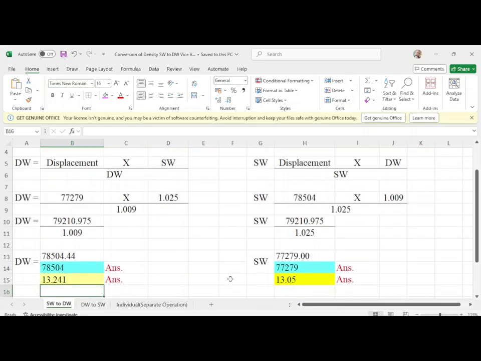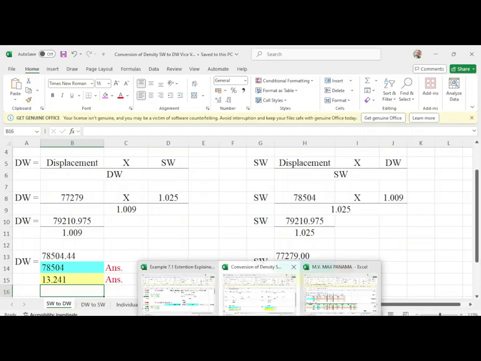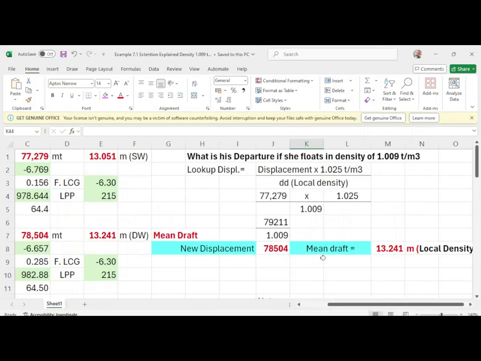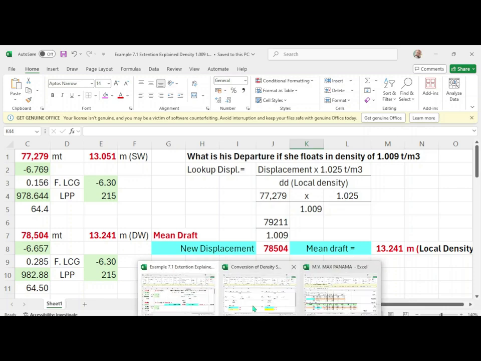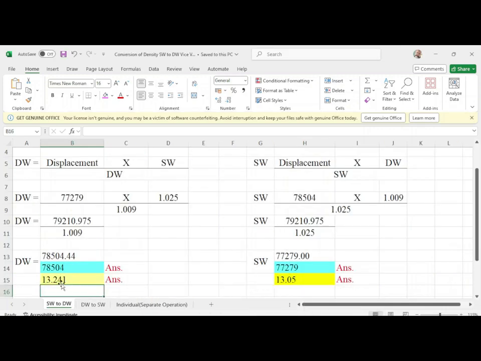Okay, so that is the same as this answer of 78,504, and the draft will be 13.241, which is this one.